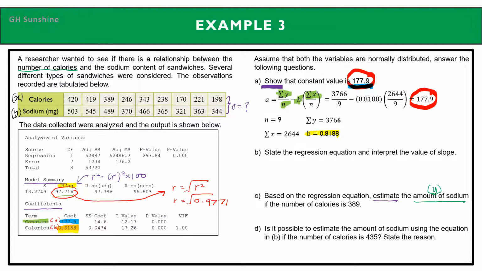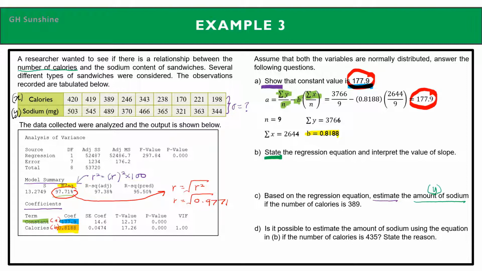Okay, so next question, state the regression equation and interpret the value of slope. So this one, the word state. So state, you can obtain the regression equation from the output.